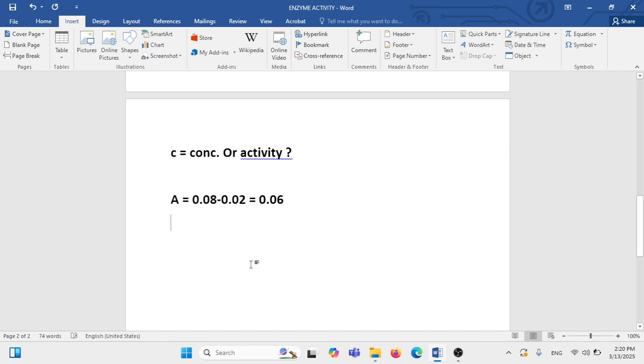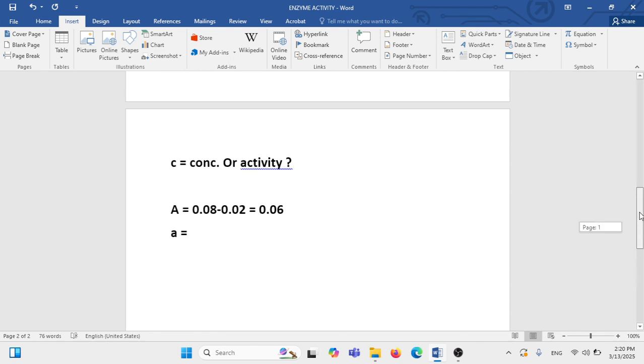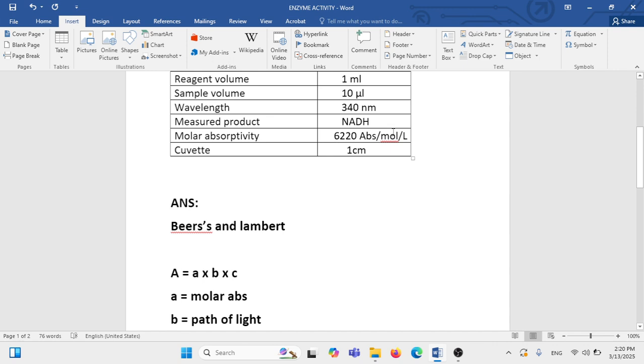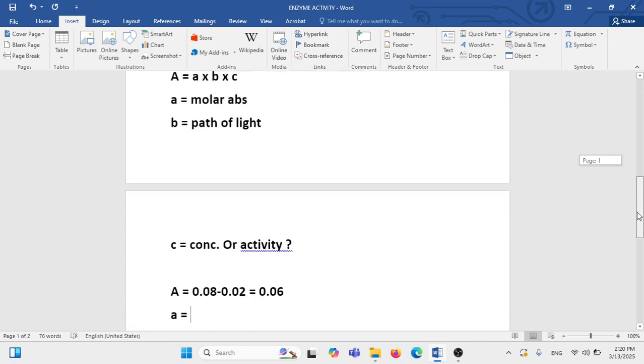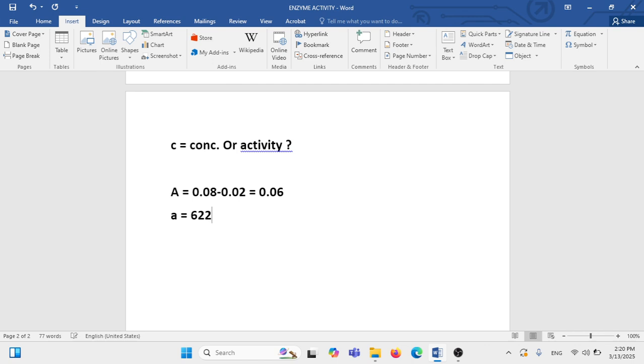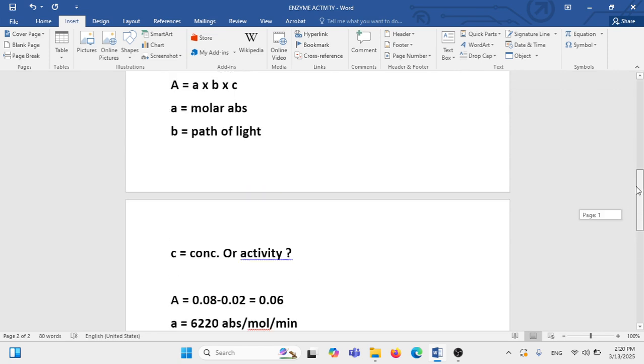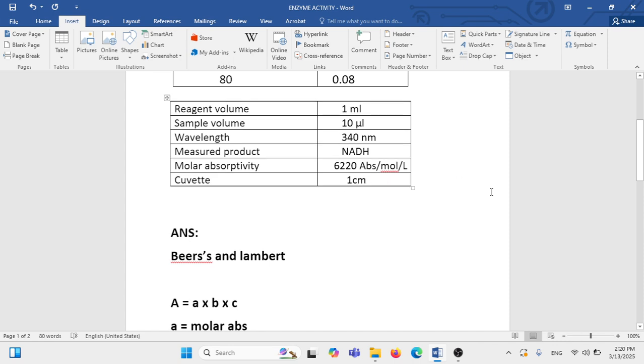The small a, the molar absorptivity, is given here in the table: 6220 absorbance per mole per minute. B, the path of light, is also given here, 1 centimeter, the cuvette diameter.